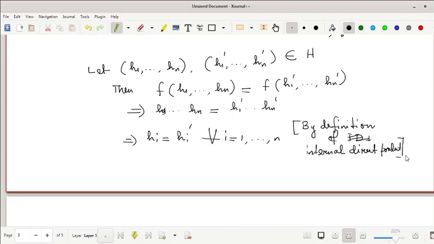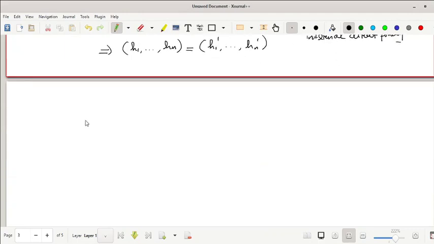Let us prove that. Therefore, it actually proves, this implies (h1, h2, hn) is equal to (h1 prime, h2 prime, hn prime). Therefore, f is one-one.